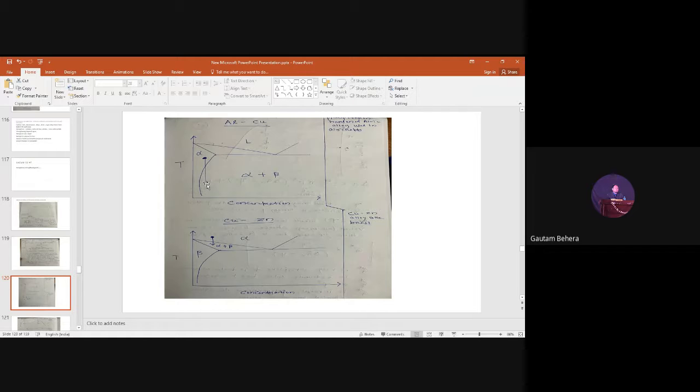That is solutionizing. Then you allow the aluminum copper alloy to be at the aging temperature, for example, 250 to 300 degrees centigrade, and precipitate will start forming. Similarly, here in the copper zinc system, you can see this is a single phase region. You are taking your alloy to this region first, then quenching it or rapidly cooling it to this two phase region, right?